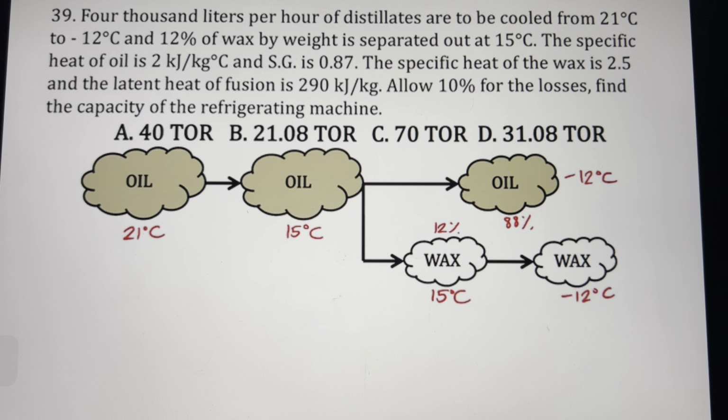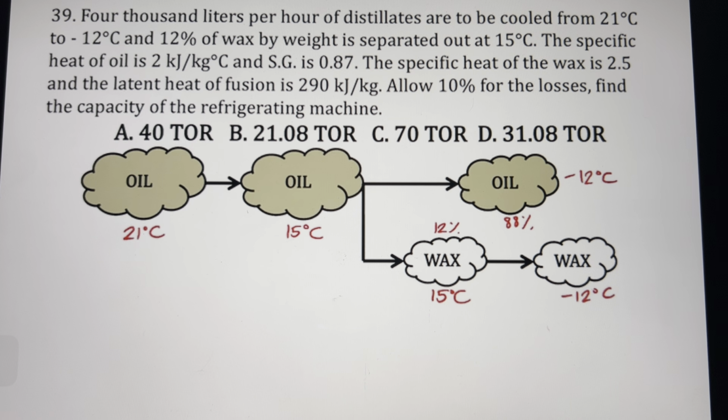Okay, so this involves changes in the temperature, but no change in phase, which is sensible heat. And there are also changes in the phase, but no change in temperature, which is latent heat. For our sensible heat, we have a formula, mCp delta T. And for our latent heat, that is mass times latent heat.